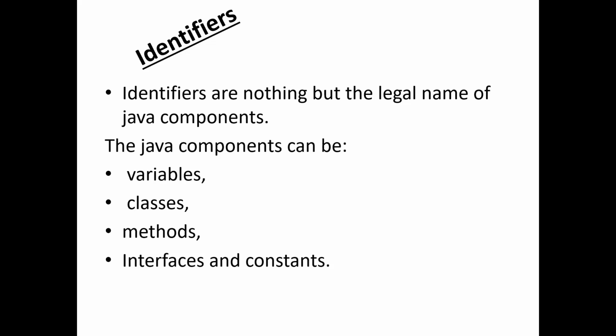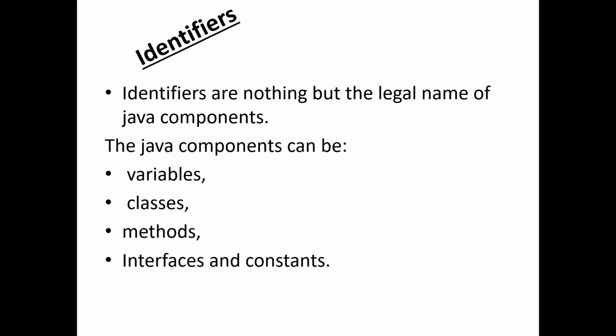If we create a variable, we have to provide a name to it. Similarly, if we create a method, we have to provide a name to it. So in Java, identifiers are the legal names of the Java components. Classes are Java components, methods are Java components. The Java components can be variables, classes, methods, interfaces, and so on.